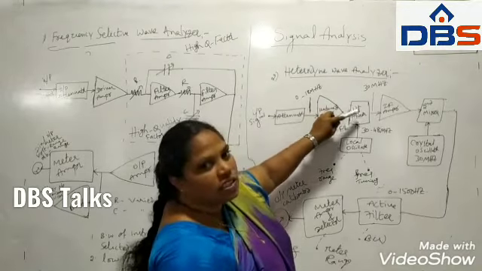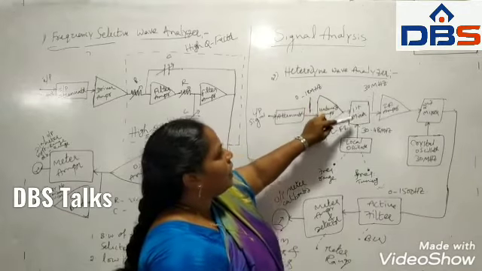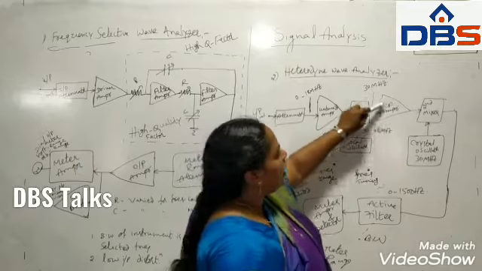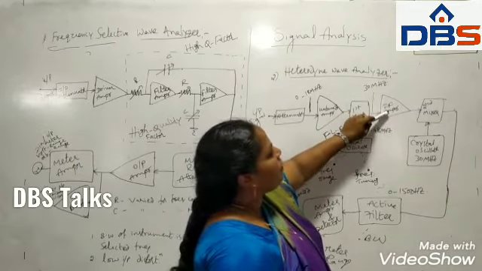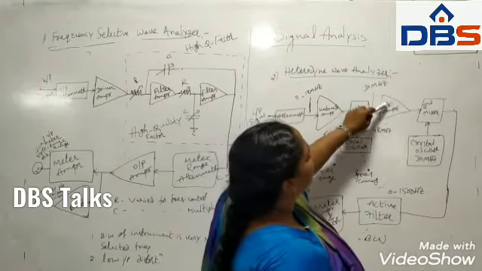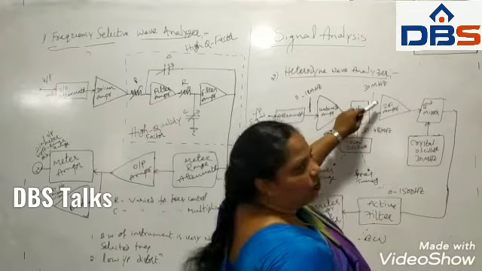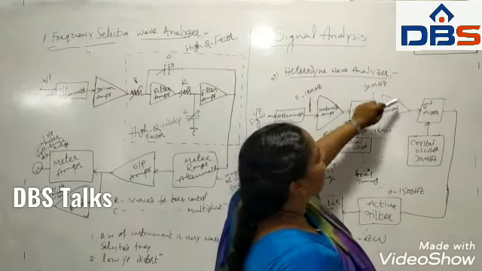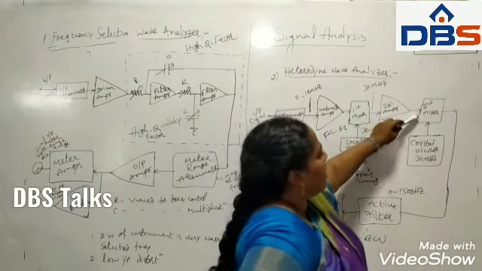Here the frequency signal we get is up to 30 megahertz only. Next, this mixer output is connected to the intermediate frequency IF amplifier. The output, which is higher than the local oscillator frequency, we take to the second mixer stage.